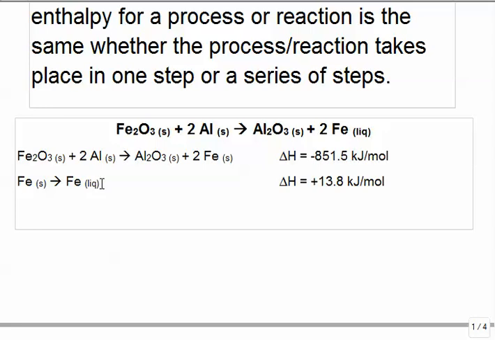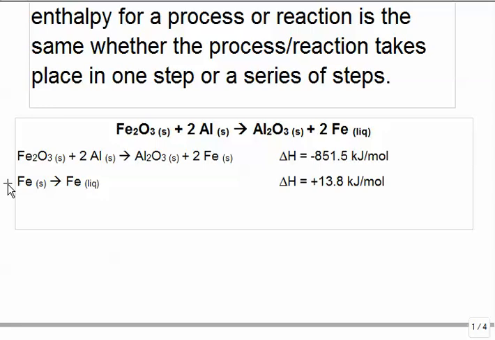Now, in doing a calculation like this, we first have to recognize that in our net equation, we are reacting 2 moles of aluminum and producing 2 moles of iron. So for every 1 mole of ferric oxide, we produce 2 moles of liquid iron metal. And we know from our relationships of enthalpy changes that these are extensive properties. That is, if it takes 13.8 kilojoules to melt 1 mole of iron, to melt 2 moles of iron, we simply multiply that value times 2, right?